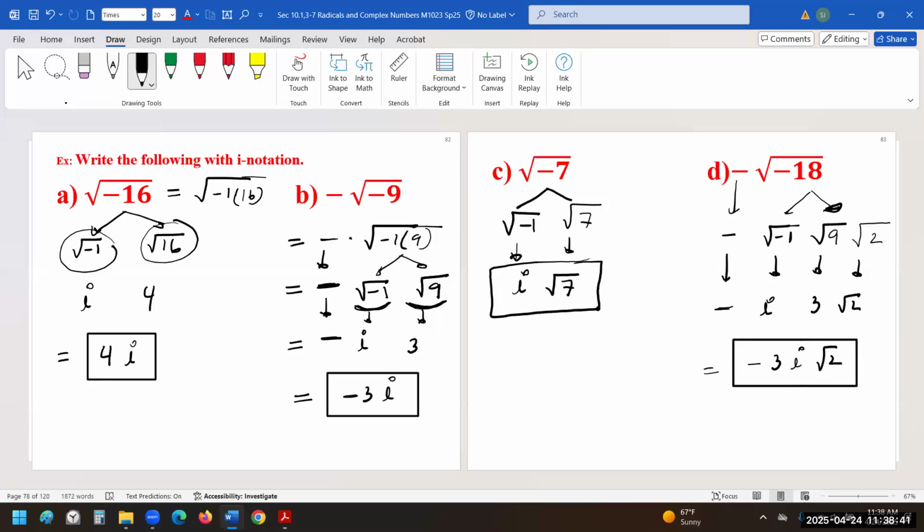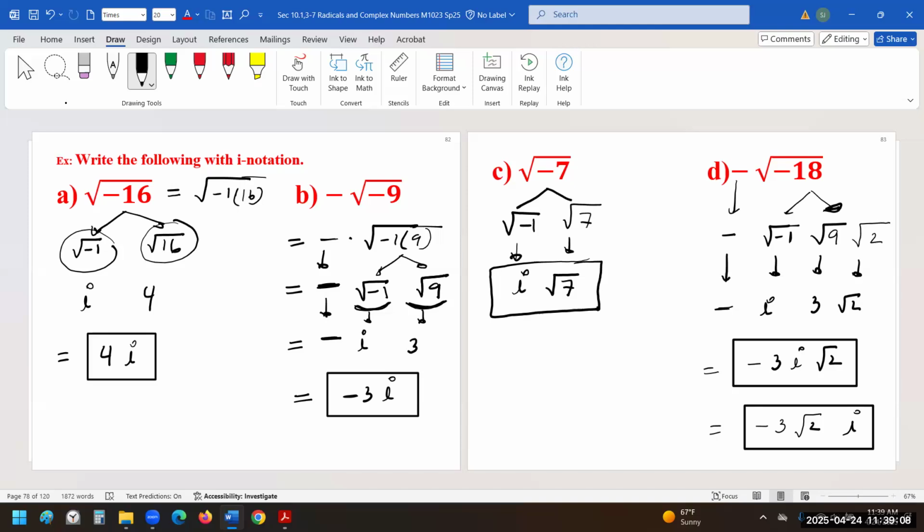My MATLAB wants that, but it does look weird. So if you want, you can write -3 square root of 2 and then i. My MATLAB doesn't want that because people don't know how to write i after a radical. If you put i after a radical, they consider it inside the radical, which is wrong. If you're writing on paper, it makes sense.